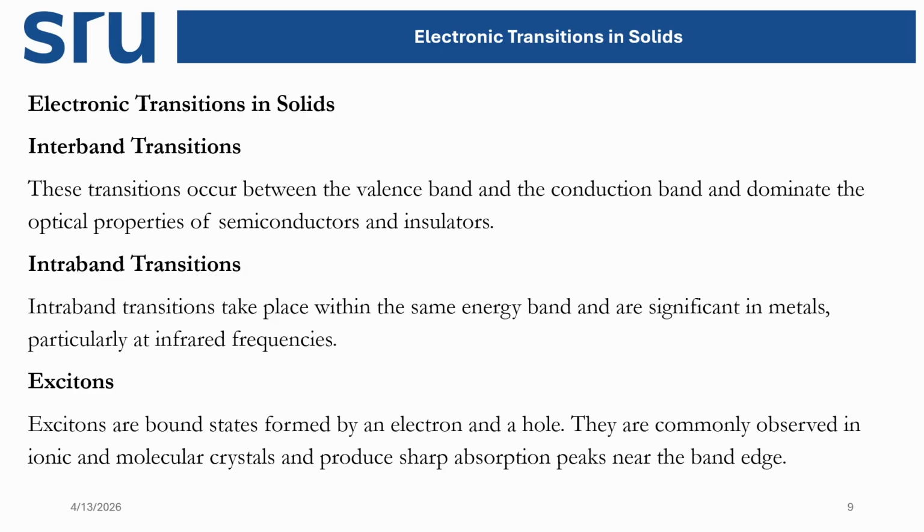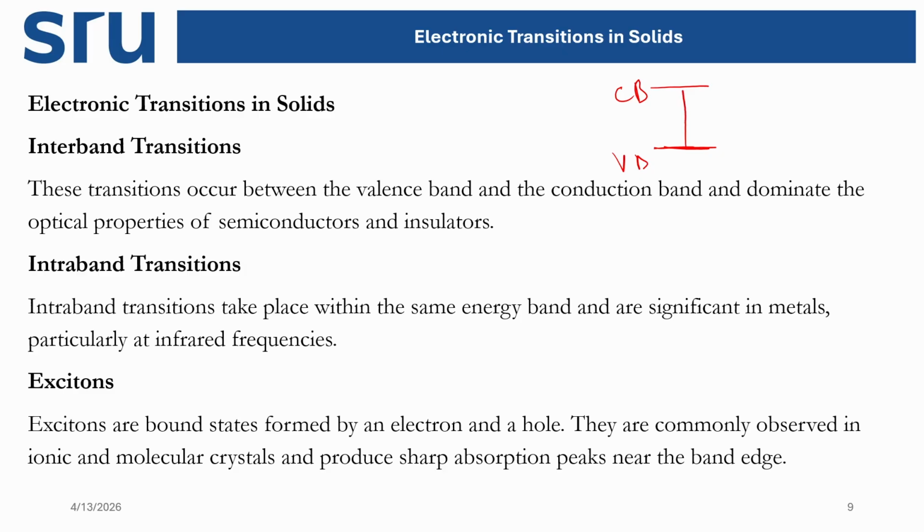Now here we'll discuss electronic transitions in solids. In this, as we just discussed, there are two bands: one where the electrons are full, which we call the valence band, and an empty band where electrons are not present but can be accommodated.